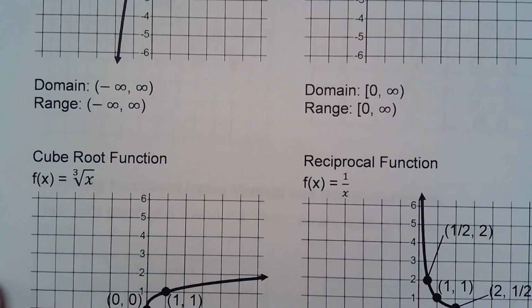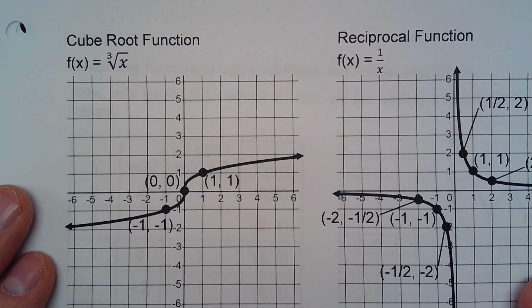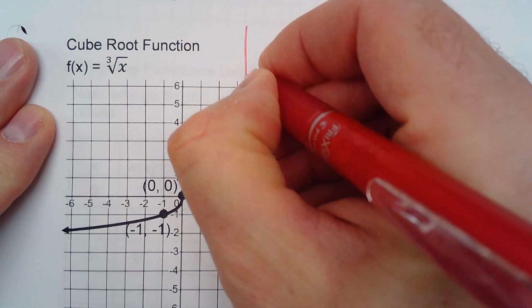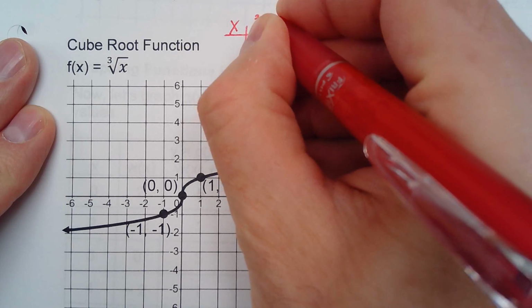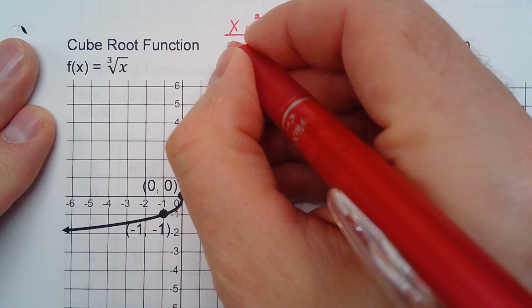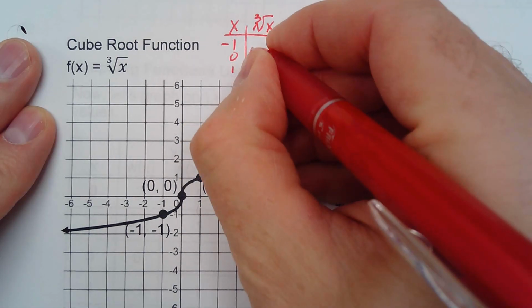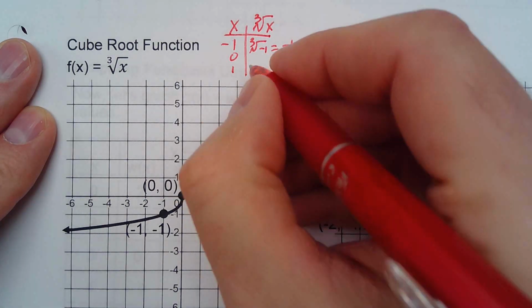Now, not to be outdone, we can do the cube root function. If we take the cube root of -1, that's -1.